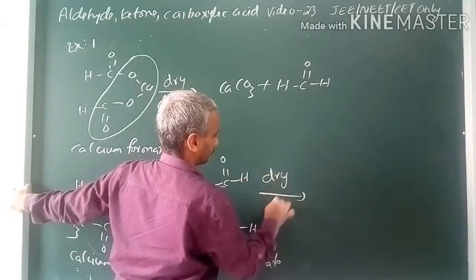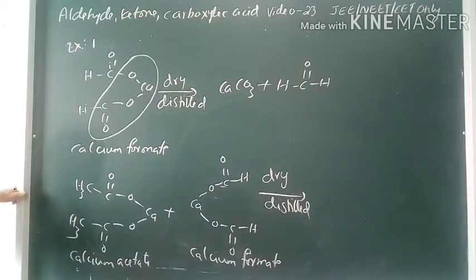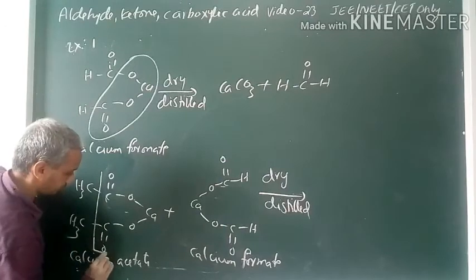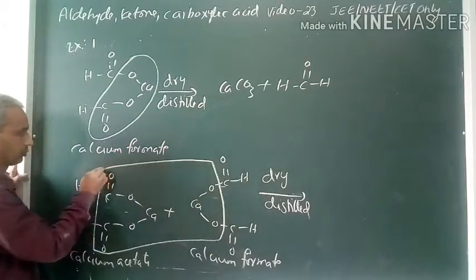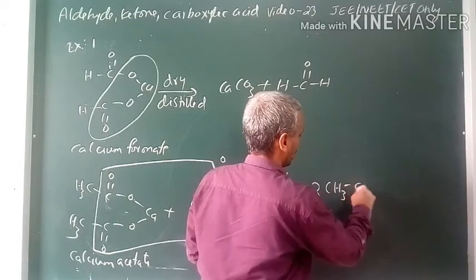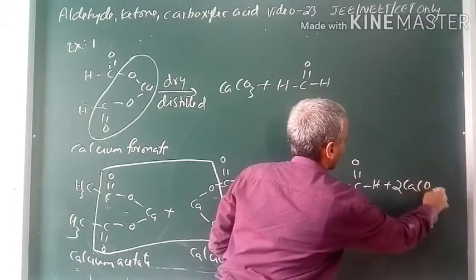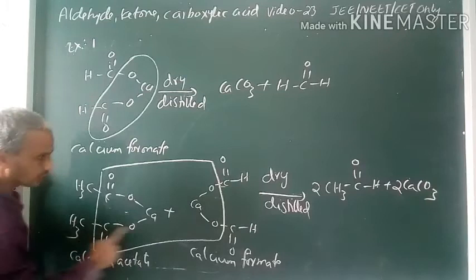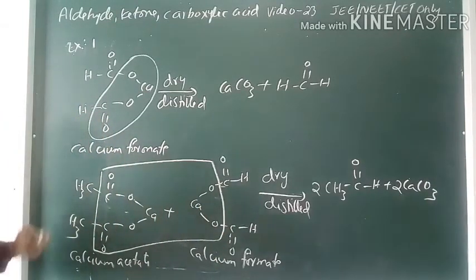Dry distilled. So what am I going to get? Just see here. I get CH3CHO, 2 moles of acetaldehyde and 2 moles of calcium carbonate.